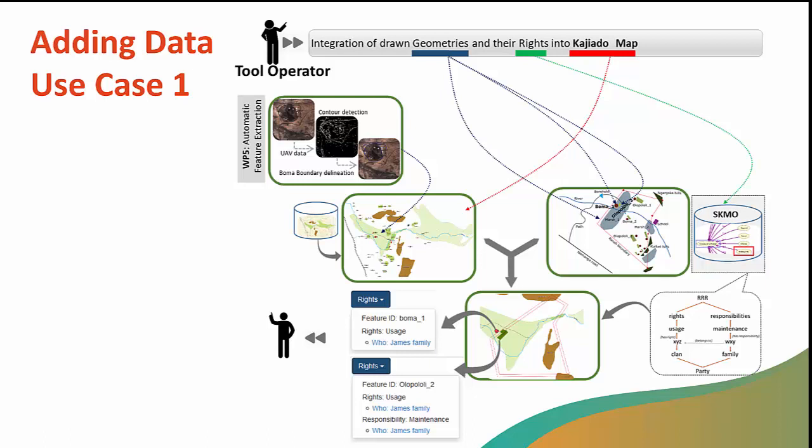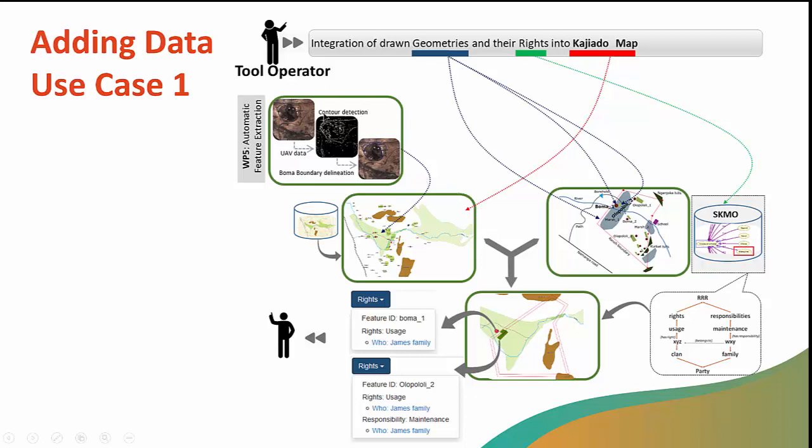The tool operators want to extract and geolocate the geometries of sketched features from sketch maps and annotate these sketched features with land-right attributes.